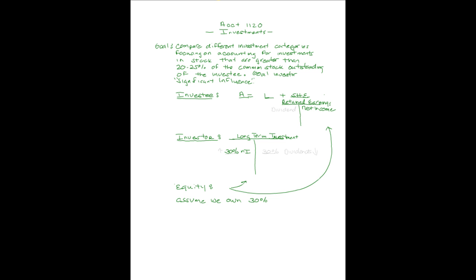The investee's retained earnings will go down when they declare a dividend, and when we receive the dividend, as the investor, we'll take 30% of it and drop our investment account by that. So we go up for 30% of their net income and down for 30% of their dividends.